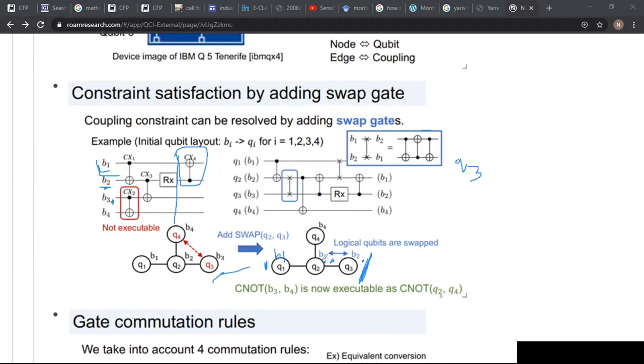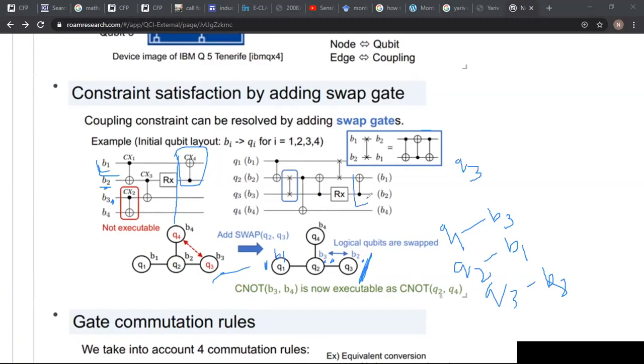So after this operation, your Q1 holds the state B3, your Q2 holds the state B1, and your Q3 is holding B2. So now you have B1 and B2 states connected with each other.